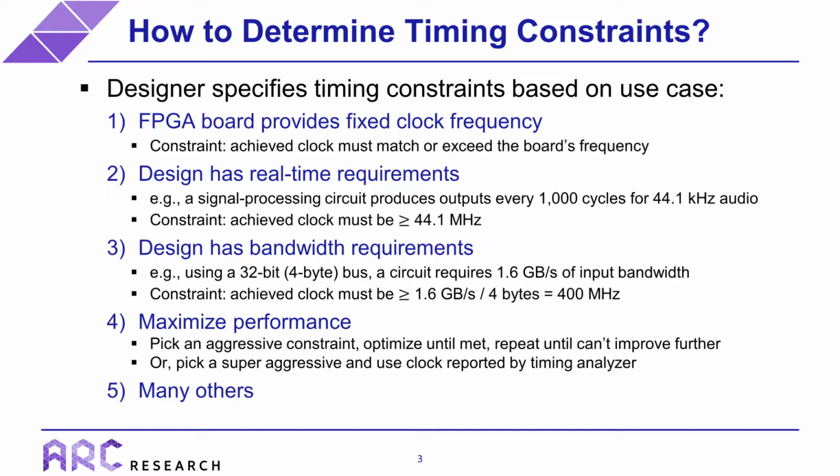Essentially what you're doing is telling the synthesis tools that after placement and routing, I need to guarantee that my design can run at least at this specific clock frequency. A second example would be when working with an application that has real-time requirements.